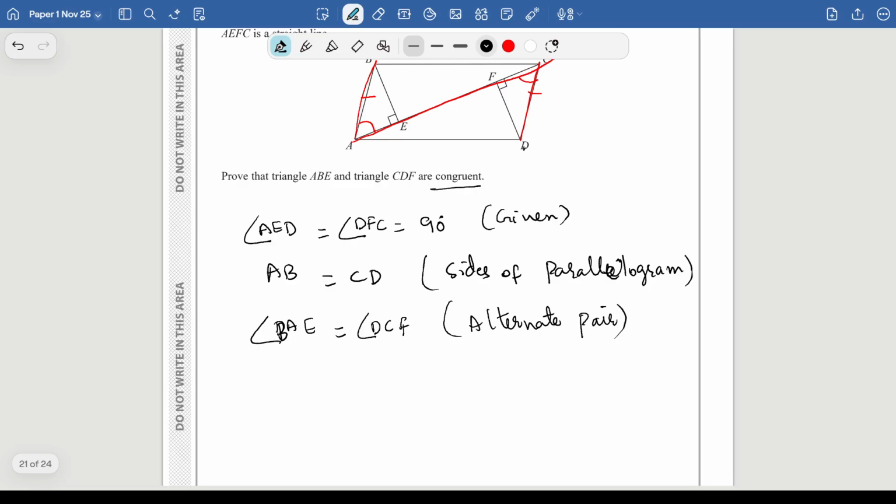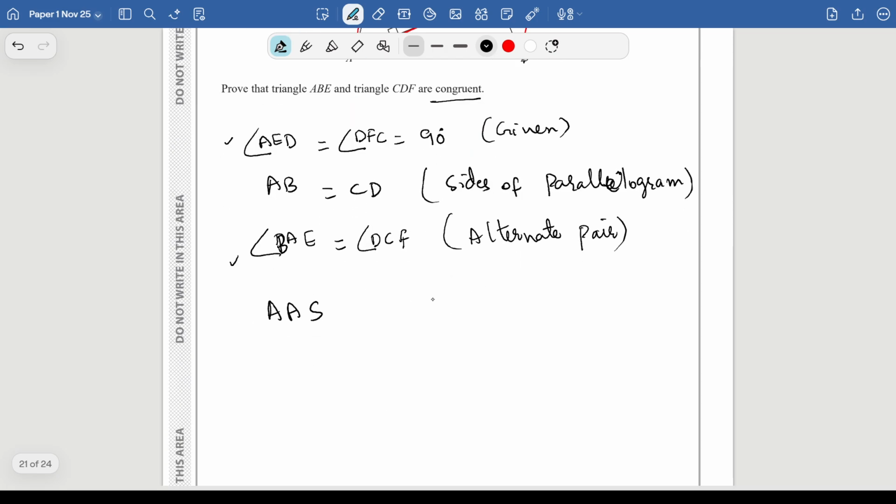Since it's a parallelogram, here I have shown two angles and one side, although it's not an included side. But that's fine. So I have angle, angle, and a side. Using this property, I can show that these two triangles are congruent.